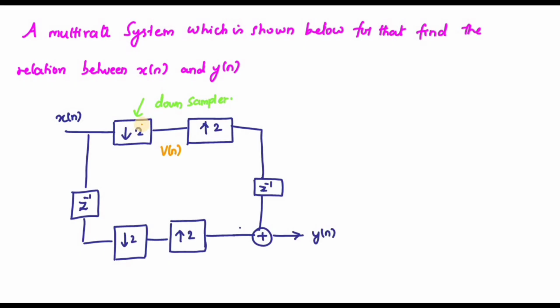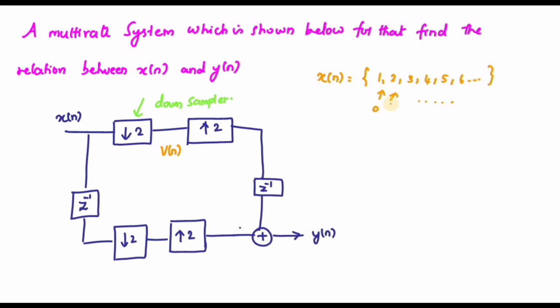Suppose I consider the x of n values ranging from 1, 2, 3, 4, 5, and 6. Let me assume it starts from 0, that is, x of 0 value is 1, and x of 1 value is 2, and it goes on.